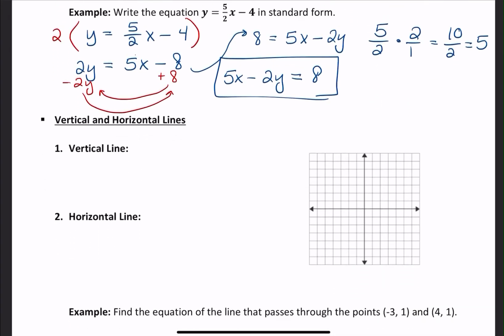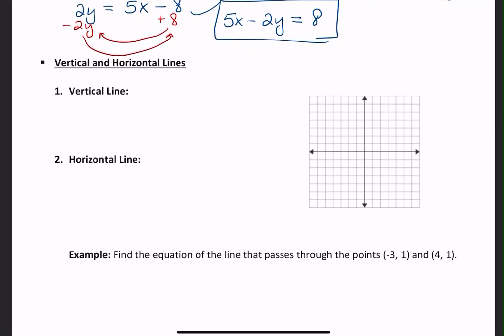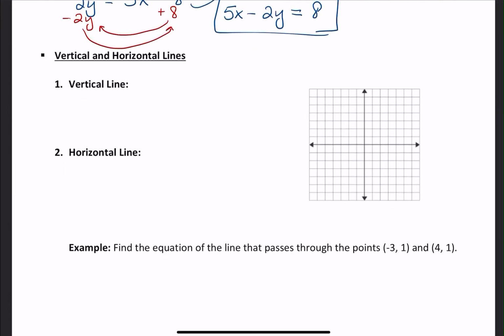So let's take a look at vertical and horizontal lines. We kind of talked about this a little bit earlier when we were talking about slope. If you have a vertical line, let's say it's right here, going up or down, that slope is undefined. So when that happens, there's no equation where you have y equals.